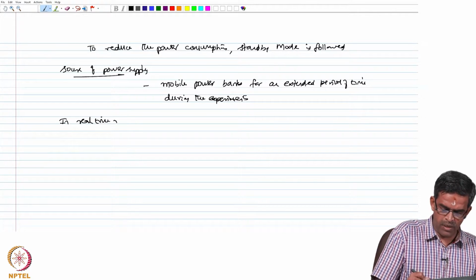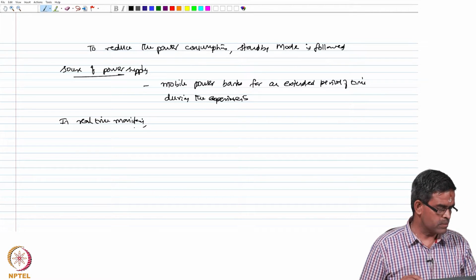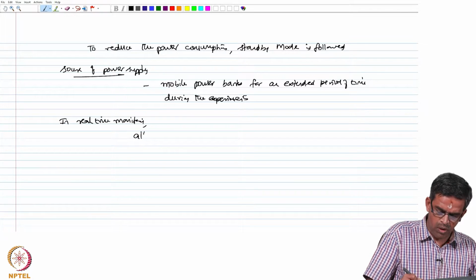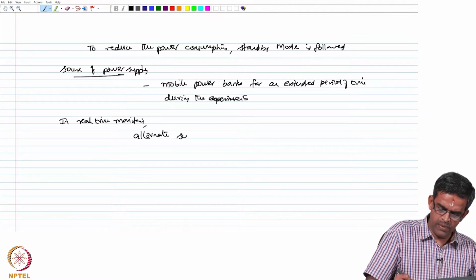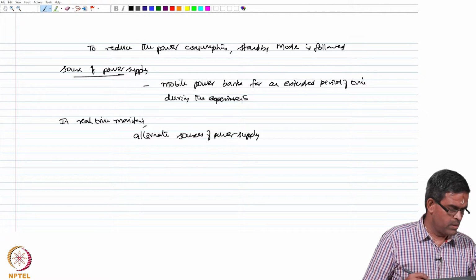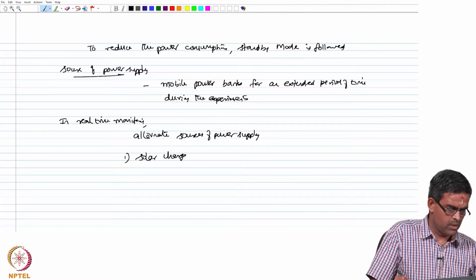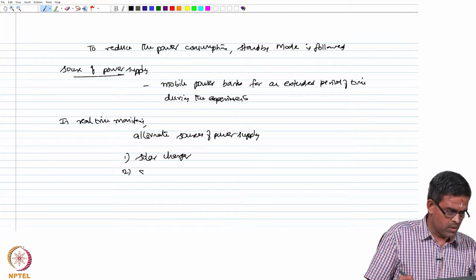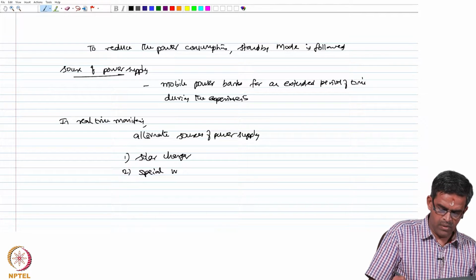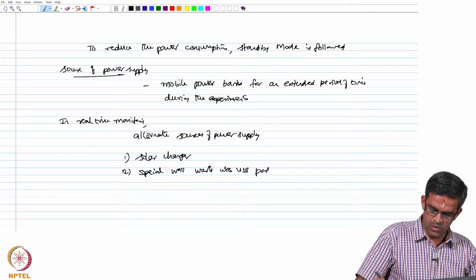So, what people generally do is the following: in real time monitoring, one can use alternate sources of power supply, namely one can use a solar charger, one can use a special wall warts with USB ports.